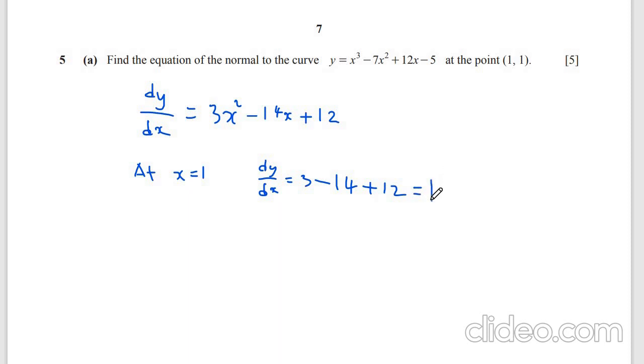So this is the gradient of the tangent. Now the gradient of the normal, which is perpendicular to the tangent, will be -1.